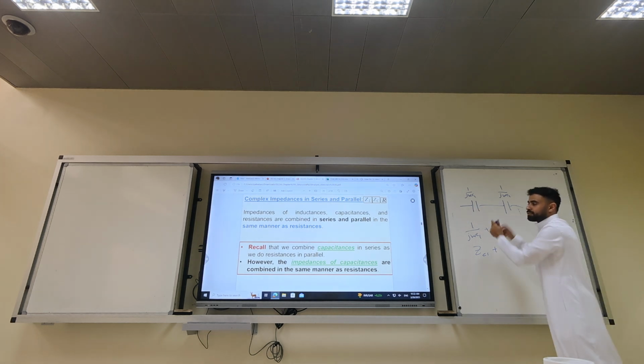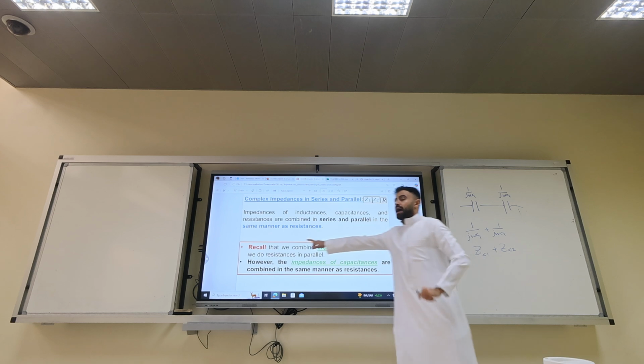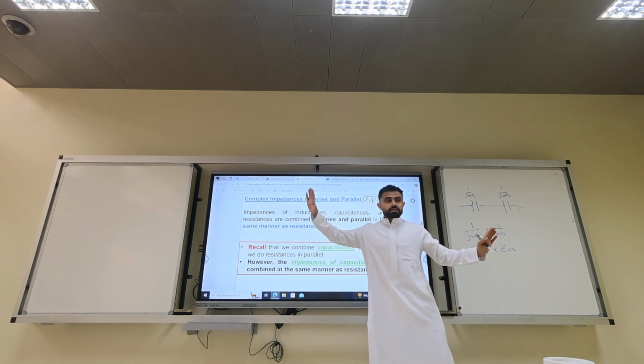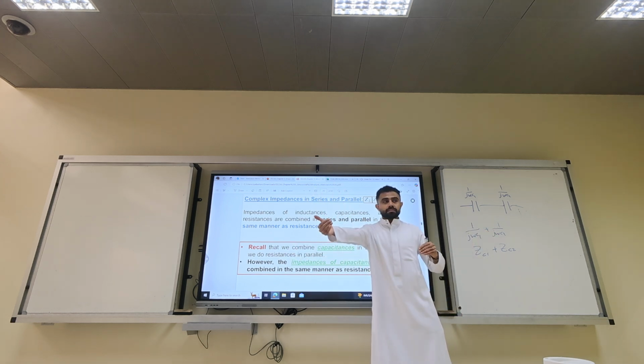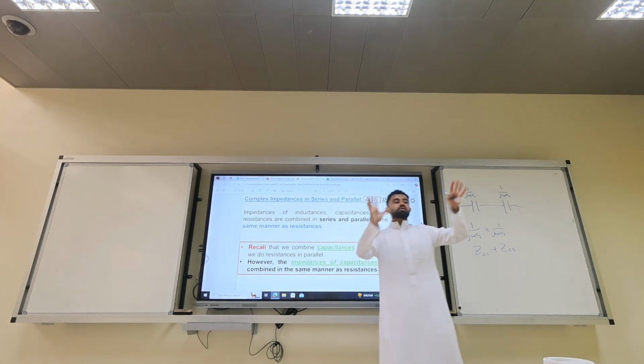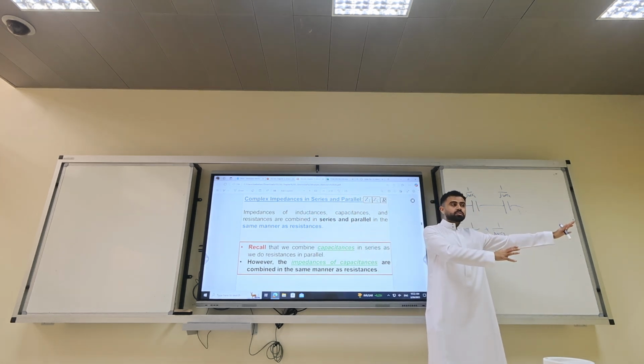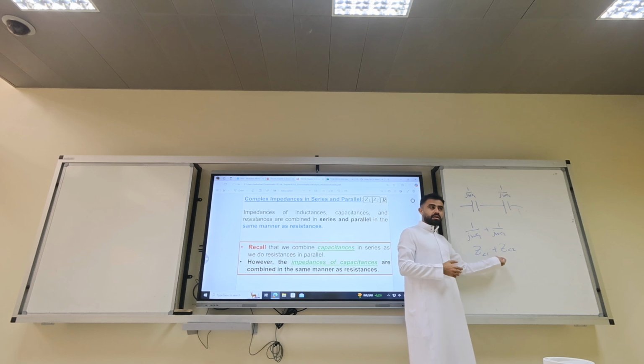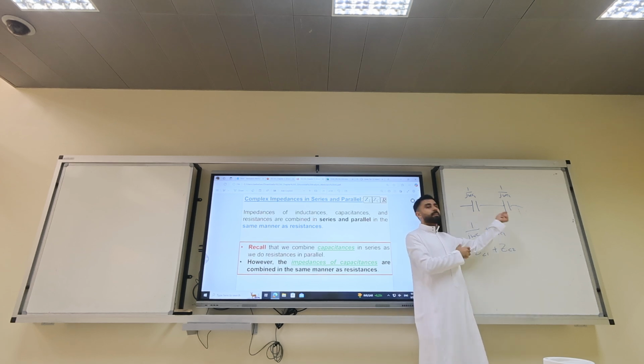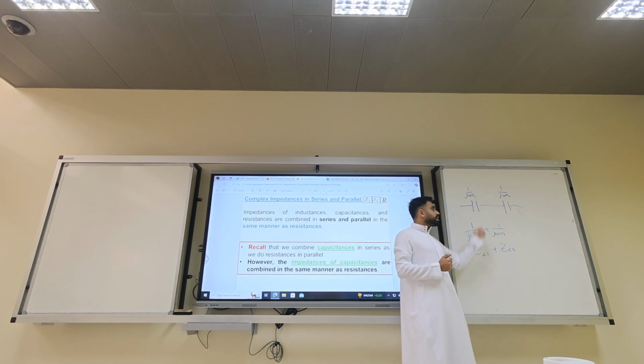You add them as if they were resistors once you calculate the impedance. If he's asking for effective capacitance, which is different than the impedance, then you treat series capacitors as if they were parallel resistors. But the impedance of capacitors is treated exactly like resistors.